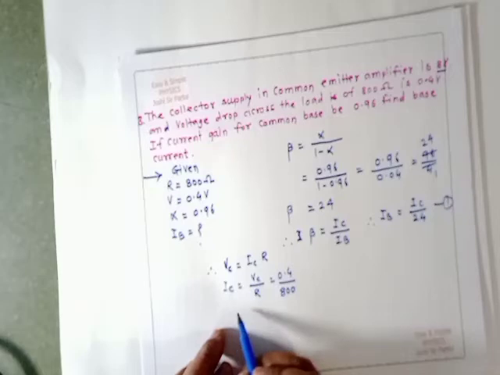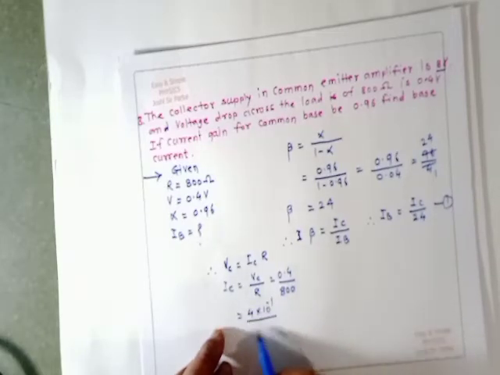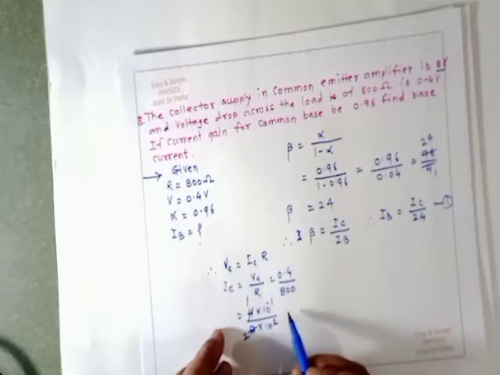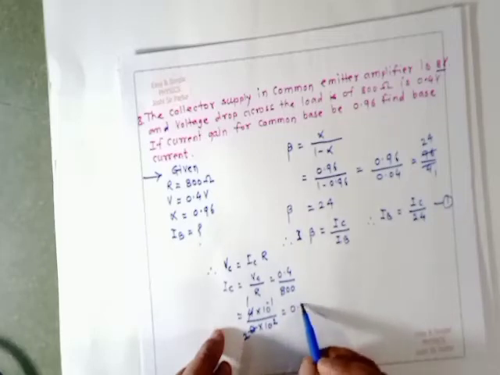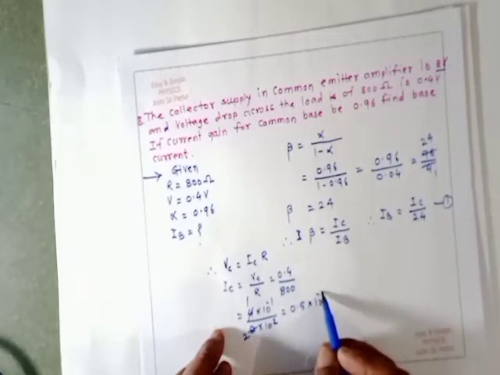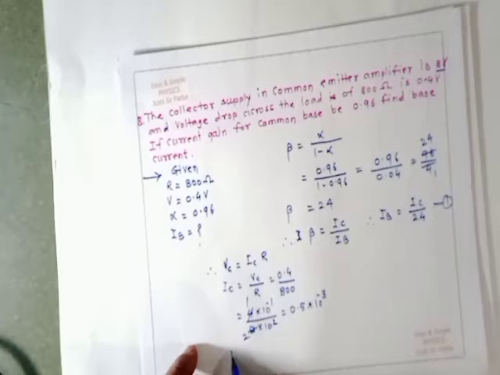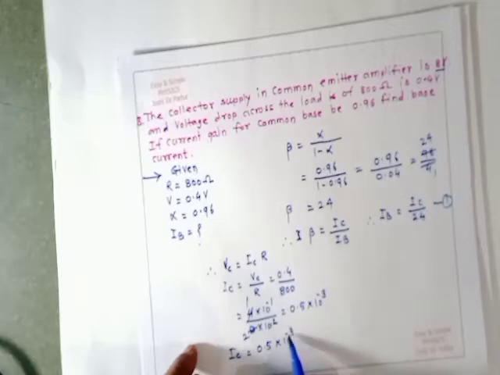So it is 4 into 10 raised to minus 1 upon 8 into 10 raised to 2. 4 1 the 4, 4 2 the 8. 0.5 into 10 raised to minus 3. So collector current is 0.5 into 10 raised to minus 3 ampere, or 0.5 milliampere.